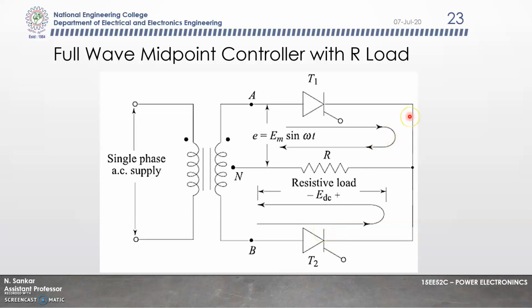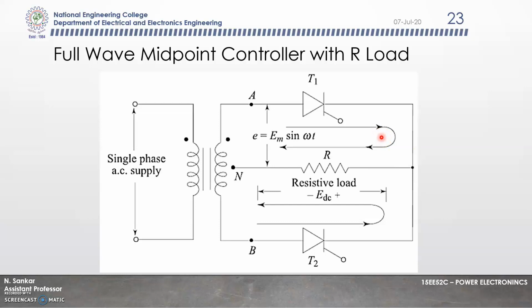So this circuit and the circuit we have seen in our previous slide, that is the fully controlled full wave converter, both can be called a two pulse full converter. Why do we call it a two pulse? Because for the positive half cycle we are giving a single pulse, and for the negative half cycle we are giving a single pulse.